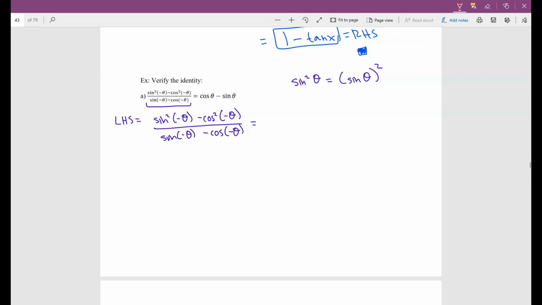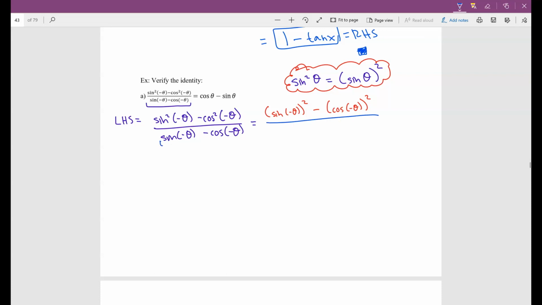Write it as sine of negative theta, the whole thing squared, minus cosine of negative theta, the whole thing squared. So kind of write it like how I just said it here, because that's basically equivalent. I'm not using any identity. This is just basically how we write the sine and the cosine.